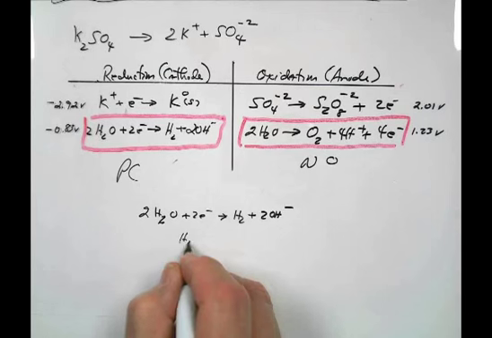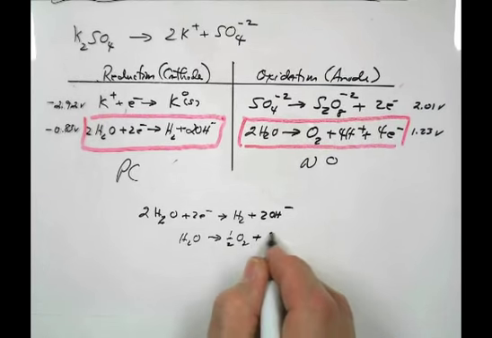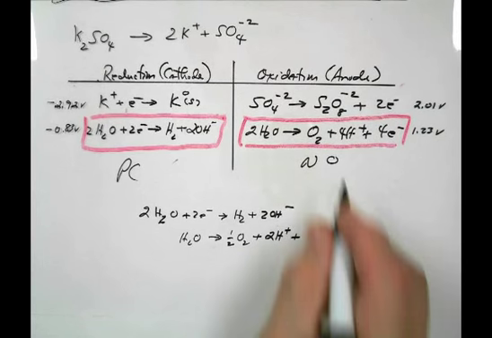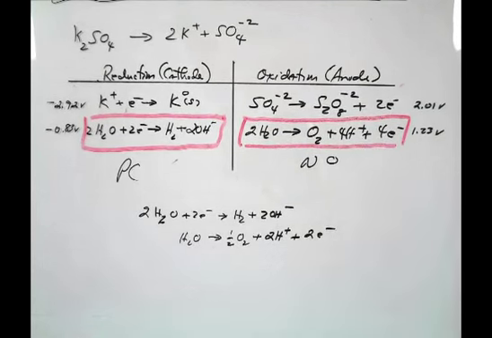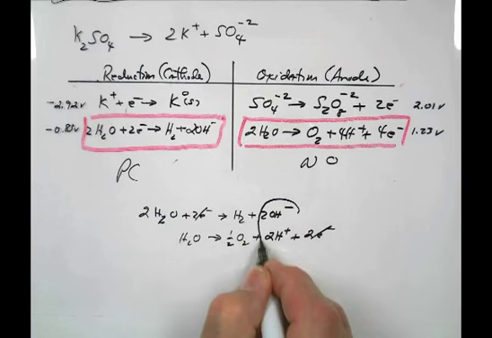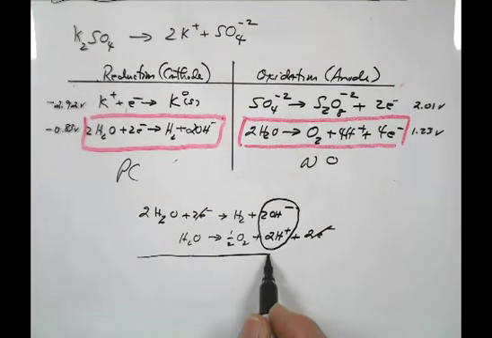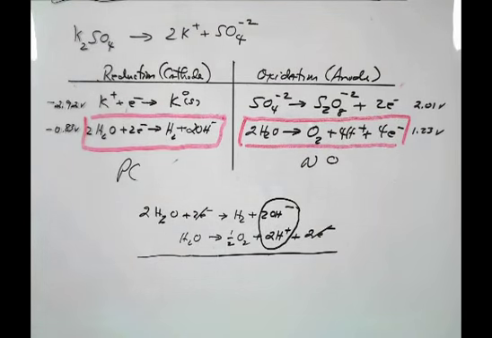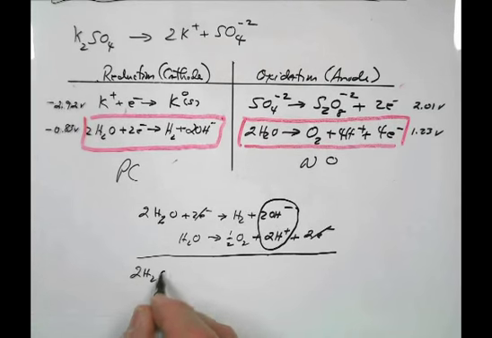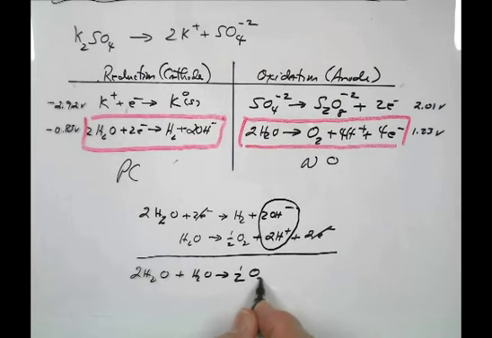So I'm going to say H2O goes to half mole of O2 plus 2H plus 2 electrons, like that. Now what I want you to see here is the electrons drop out, but you have to add those two together and then simplify like we did in the oxidation reduction simplification. And so you have 2 H2Os plus an H2O goes to half mole of O2.